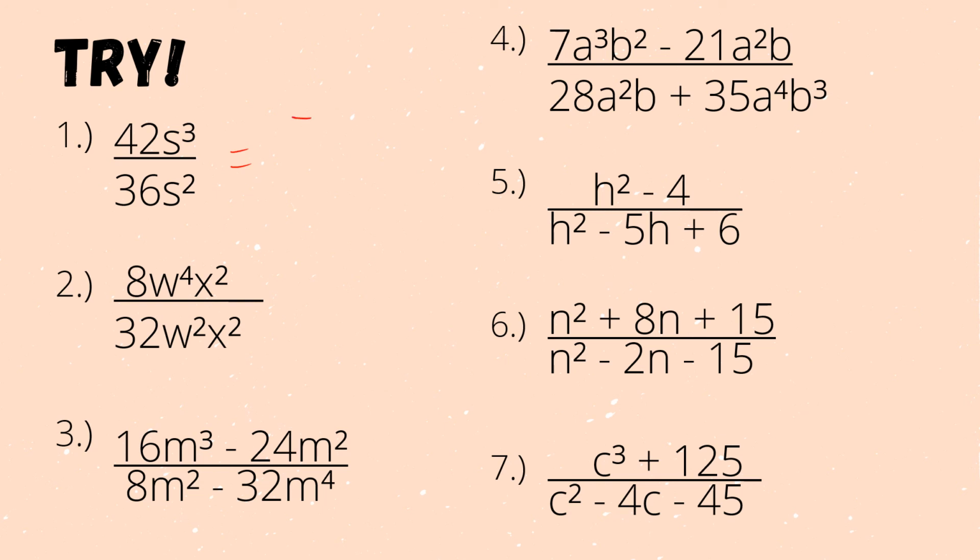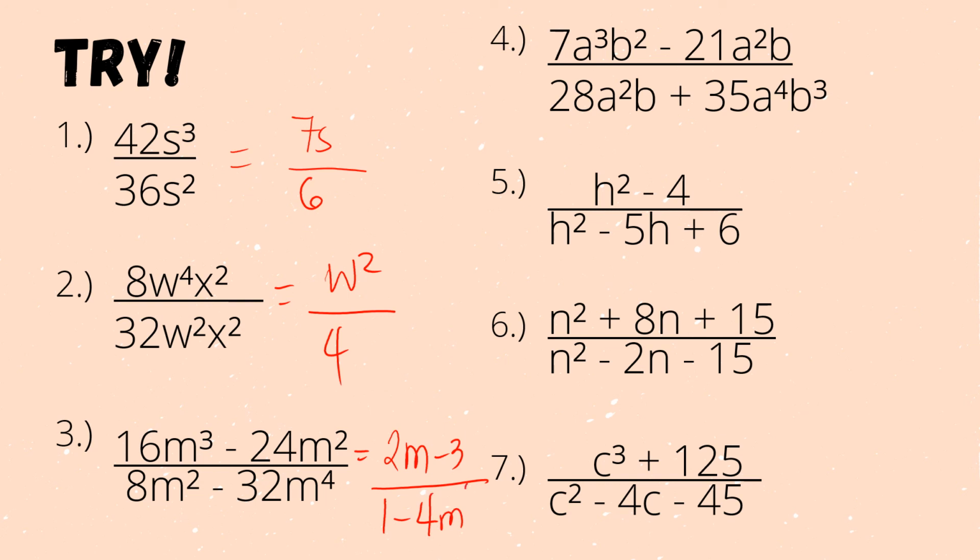Okay? So, for number 1, we have 7s over 6. For number 2, we have w squared over 4. For number 3, that will be 2m minus 3 all over 1 minus 4m squared.